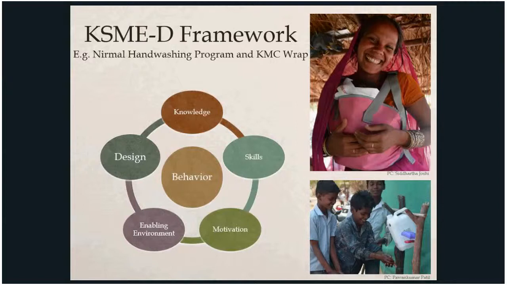The first example is the Nirmal hand washing program that we have been doing for almost 10 years in different parts of India. We started it in a tribal district of Maharashtra state, that is Gadchiroli. We realized that 47% of under-5 children's deaths can be prevented if they just wash their hands.